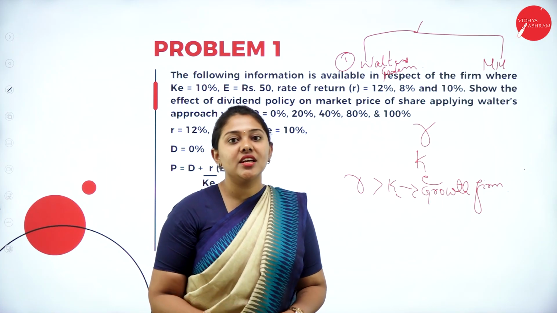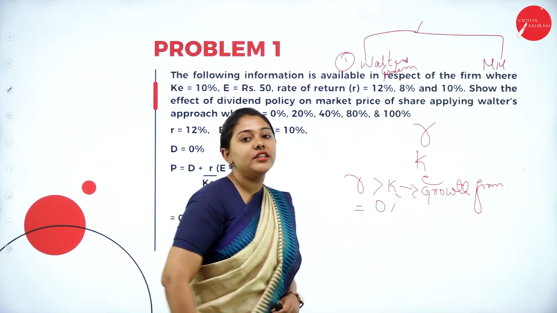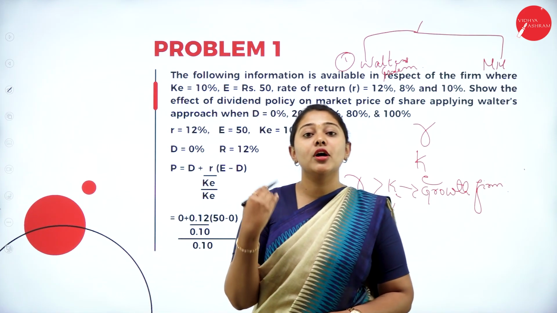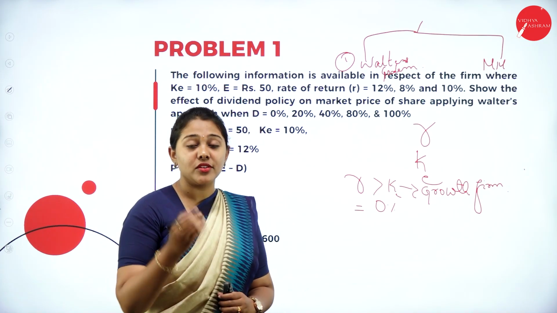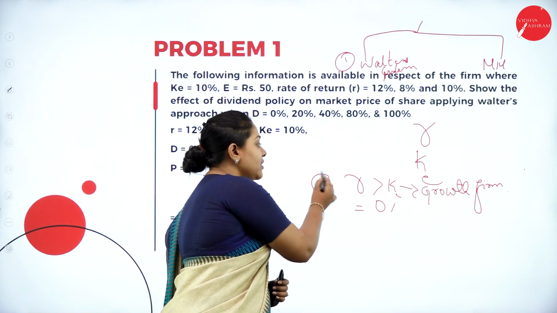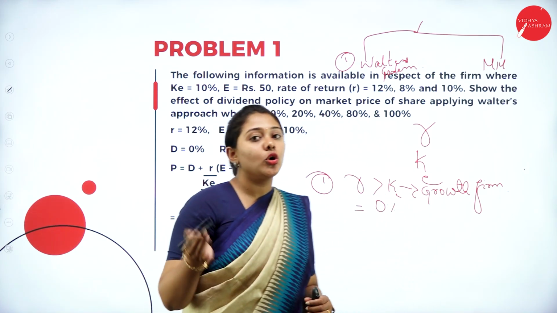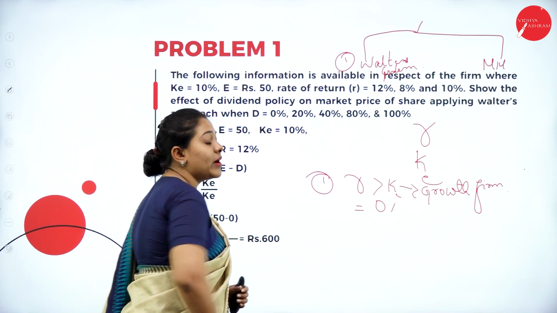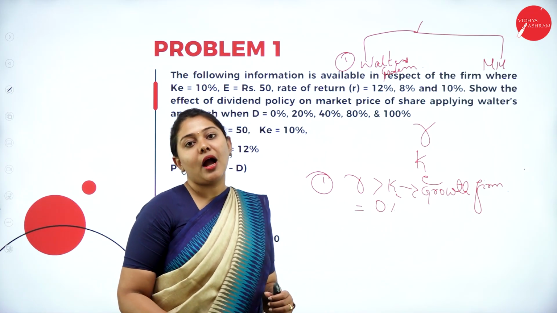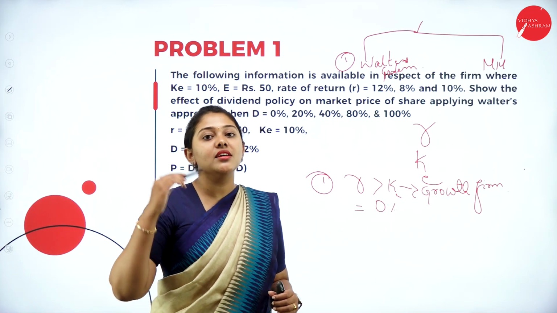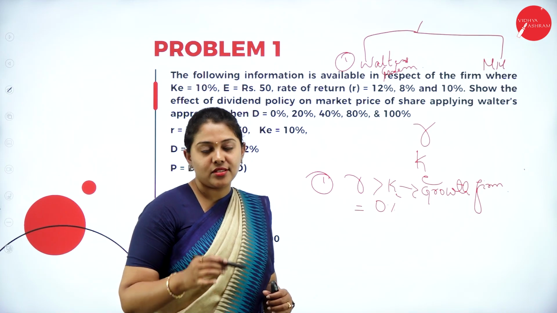When the company is a growth firm, the theory suggests issuing 0% dividend, because the firm will have a better investment opportunity than the shareholders' investment. So the company should retain all the profits within the company itself.